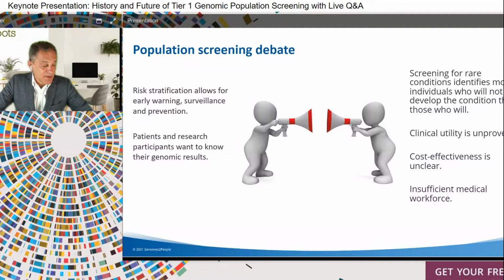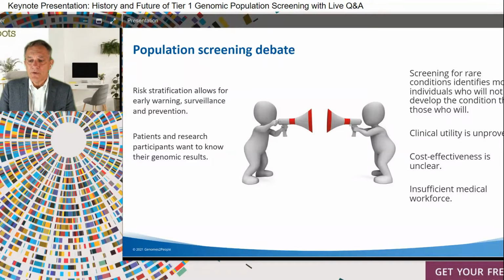An obvious example of this would be if somebody has a Lynch syndrome mutation for colorectal cancer, you can accelerate the start and the frequency of colonoscopy, and you can find and prevent cancers. So the benefit is sort of obvious, and we know that there are lives being saved every day through this.